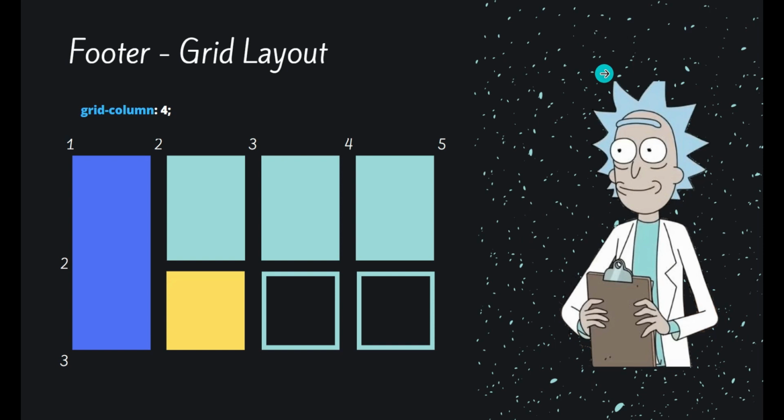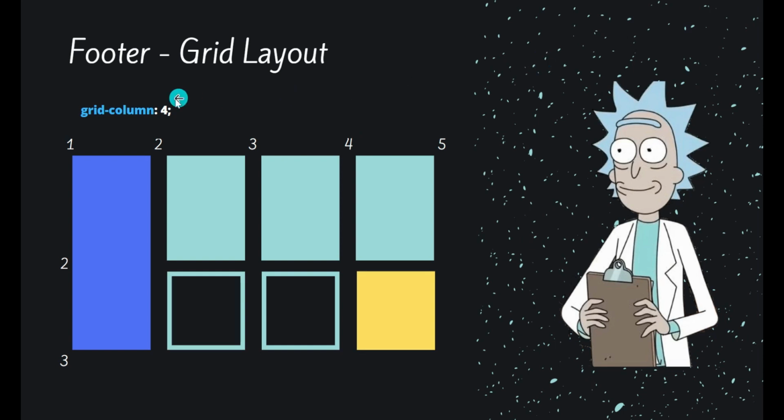It's going to move that yellow square until line number 4 for our column, because this stands for column-start and column-end. But by default, in this case, if no end line value is declared, the item will span 1 track by default. So that's the reason it's spanning from line number 4 until line number 5, and that's what happened.